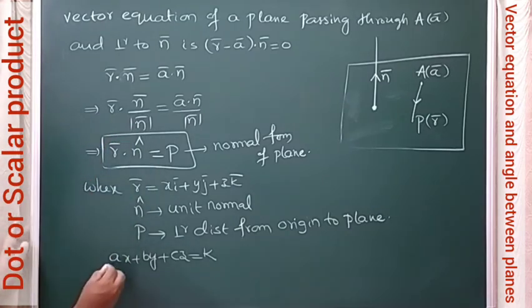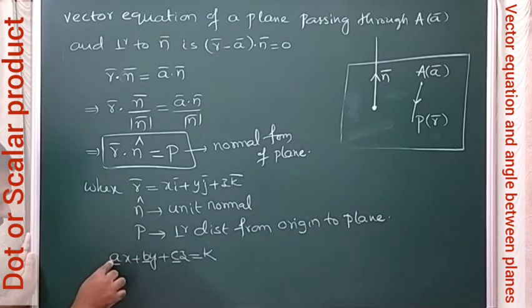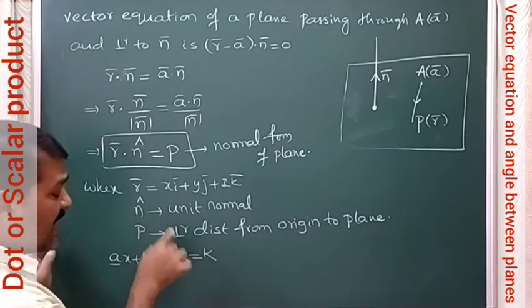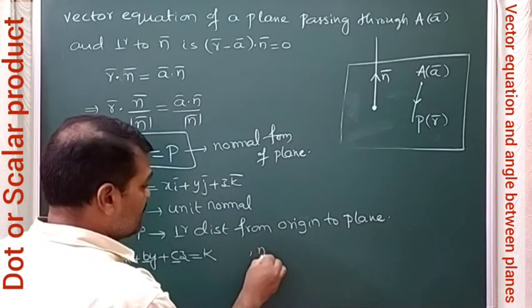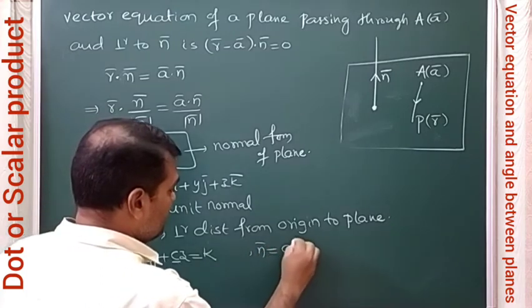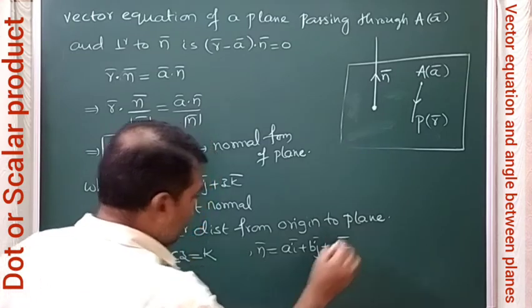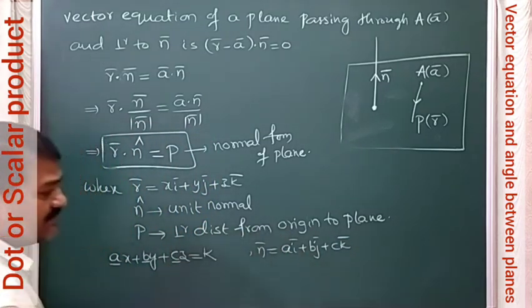Just now we discussed that these a, b, c, the coefficients of x, y, z, are components of n bar. So n bar is ai plus bj plus ck.